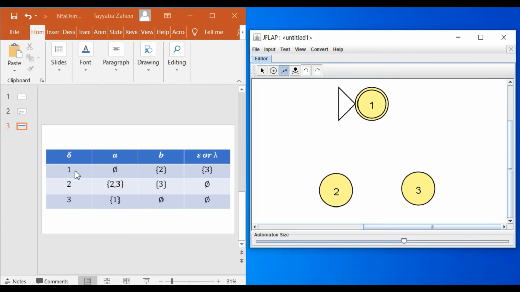For state 1, there would be two transition arrows, one for input letter B and the other for epsilon or lambda or empty string. For input letter B, there should be a transition from state 1 to state 2.